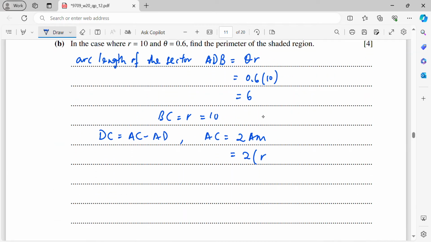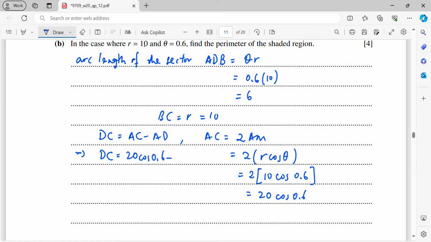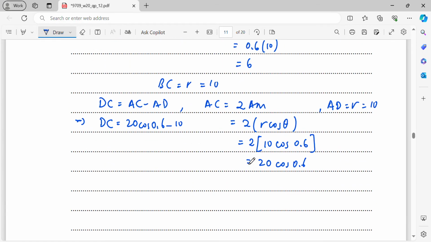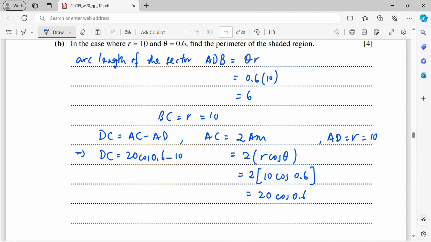So here I will write R cos theta, and then I'll replace the R by 10. So 2 times 10 cos theta, where theta is 0.6. Then here I will just write in this form, 20 cos 0.6. Okay, therefore my DC over here is 20 cos 0.6 minus my AD, which is basically the R. Okay, the AD is R, which is 10. So that is my DC. I will just calculate all this directly later on.